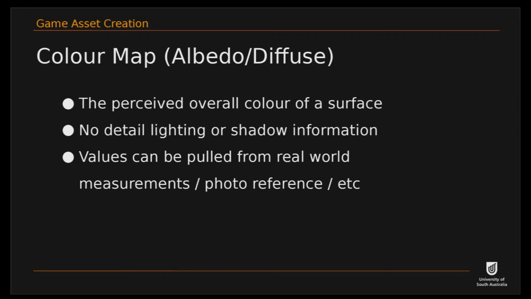So when you are creating your color map, broadly speaking, you want to remove as much shadow detail or lighting information out of that. So if you've taken a photo of, say, a little plastic bottle, and there's like the little bright highlight where the sort of the light is reflecting on the side, you would want to remove as many of those bright highlights or lighten up the shadows in the image texture so that you're just left with the color.